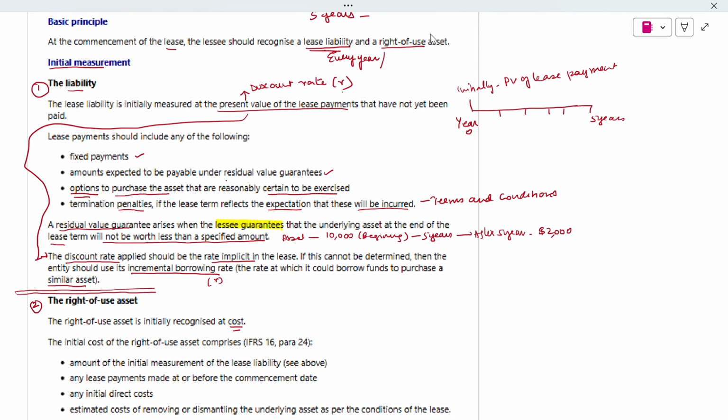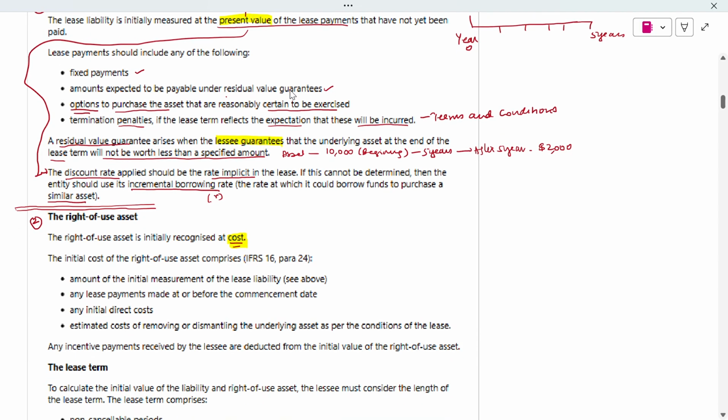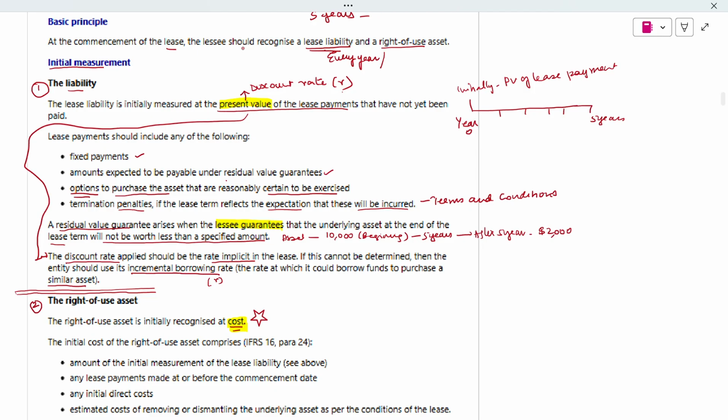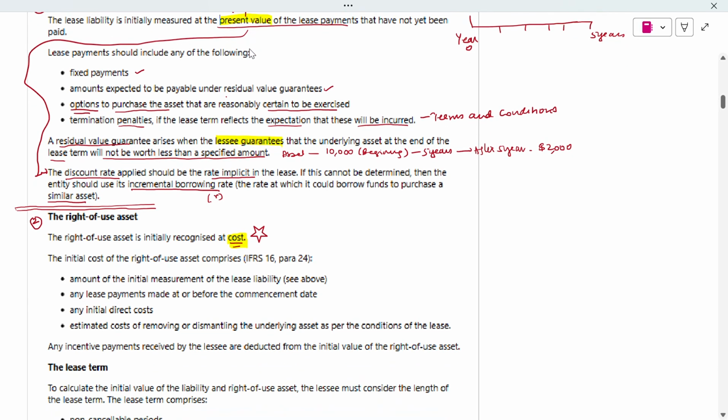See, this is the difference. Liability should be recognized at the present value; asset should be recognized at cost. This is the most important thing. Underline it. Liability should be measured at the present value.